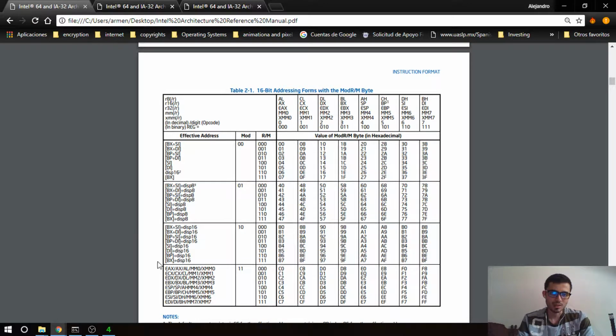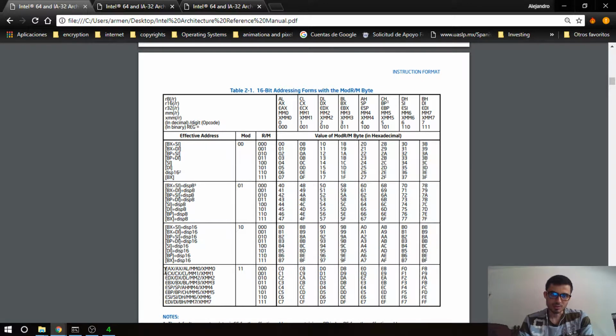Whenever we encode, or whenever we write in assembly language some of these addressing modes, in this case for memory, the interpretation of the encoding is going to produce the result of these values right here.